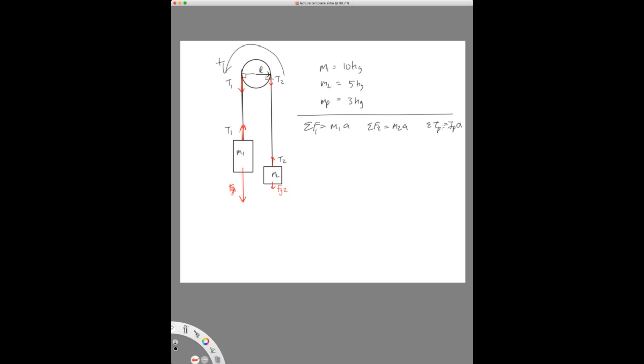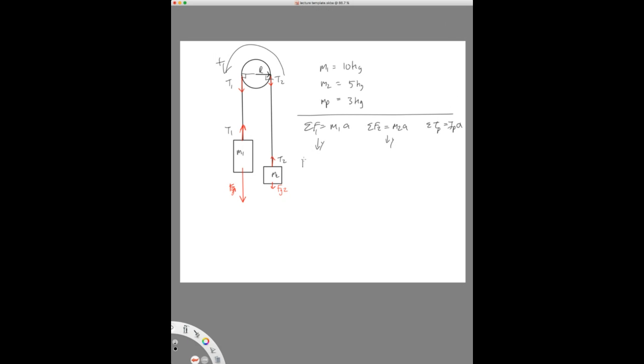So that's Newton's second law written for all three masses in my system. I only have to worry about the y direction for those two guys, fortunately, or I'd be running out of space.